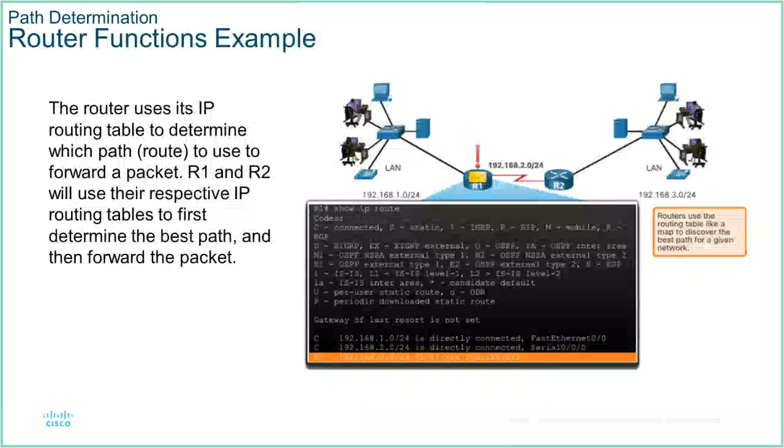If they're directly connected interfaces, in other words, it's a cable plugged into the router, that's one way of knowing of a network. The other way is for a network to be manually added by the administrator, which is known as a static route.